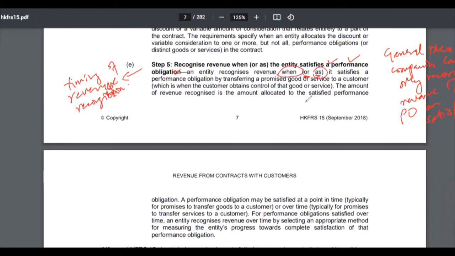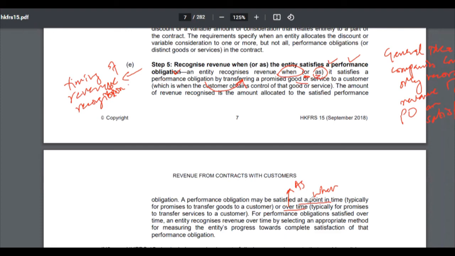This means that when the company has satisfied it, it's done, whereas in as, it means that it's satisfied over time, right? So at a point in time is basically dealing with when, and over time is basically dealing with the as part. The company satisfies a performance obligation by transferring the promised goods or service to the customer.